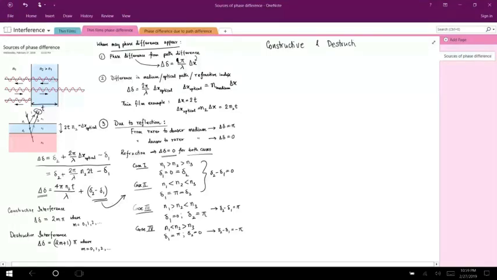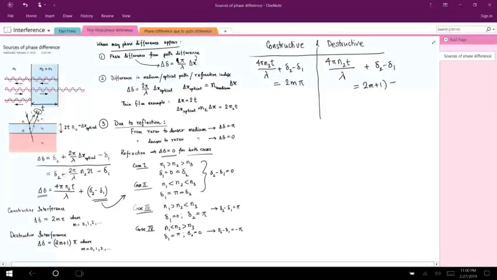We'll do a constructive-destructive table for the two equations. For constructive interference, we find that 4 pi n2 t over lambda plus delta 2 minus delta 1 should be equal to 2m pi. And for destructive interference, the same formula becomes 4 pi n2 t over lambda plus delta 2 minus delta 1 is equal to (2m plus 1) pi.